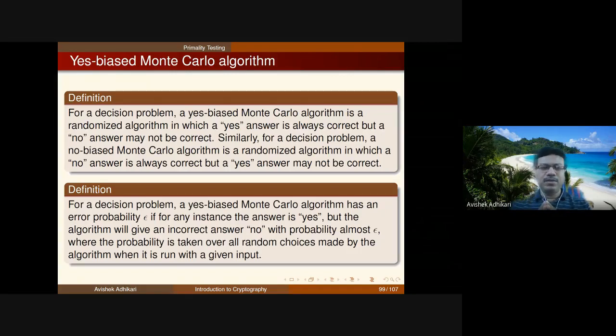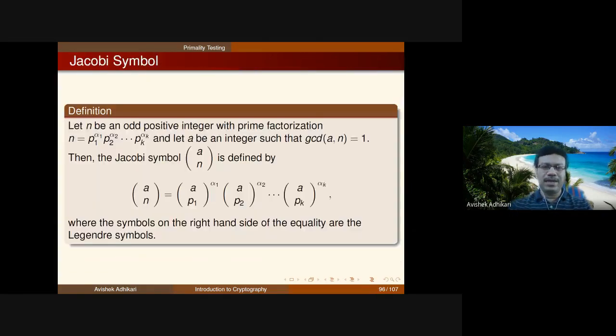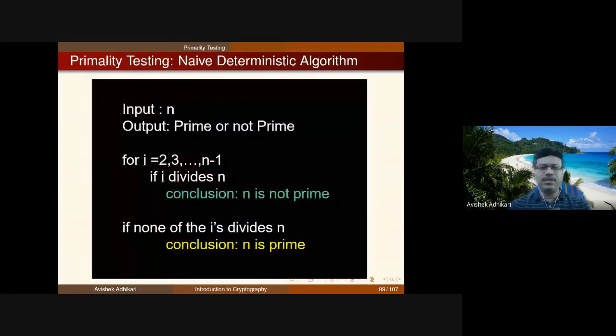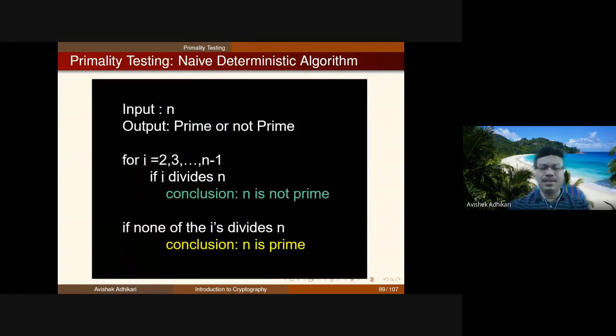Usually, if we go back a little earlier, in our normal classes, when we do primality testing, we have some input, a positive integer, and we check whether the input is a prime or not.